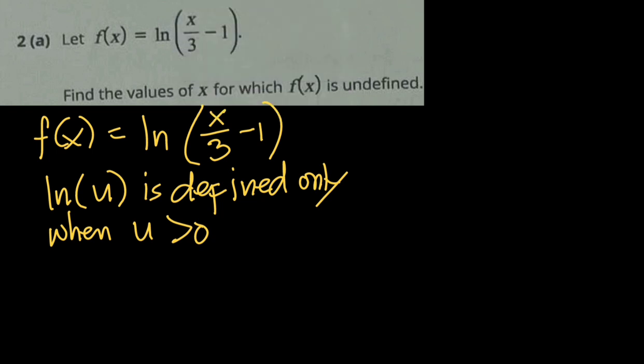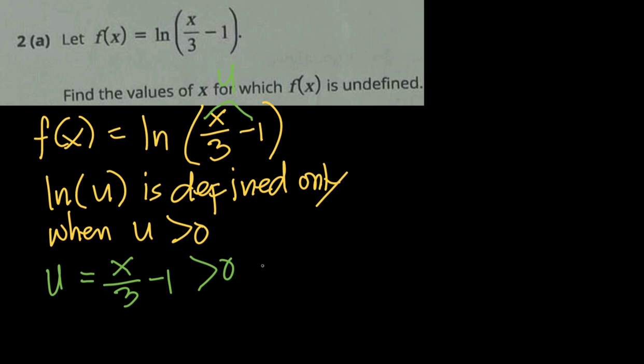And in this case, in our given function, our u is x over 3 minus 1. And u is greater than 0, therefore x over 3 minus 1 is also greater than 0.